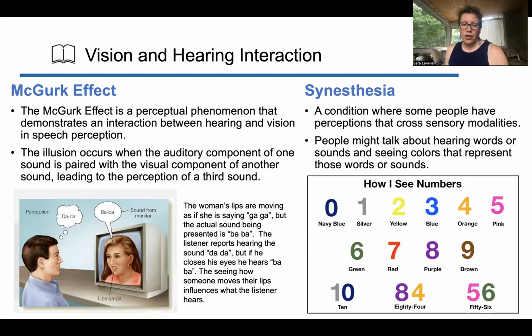They experience both at the same time, usually right around the actual stimuli, so they would see the stimuli as these colors as well. So this is synesthesia.